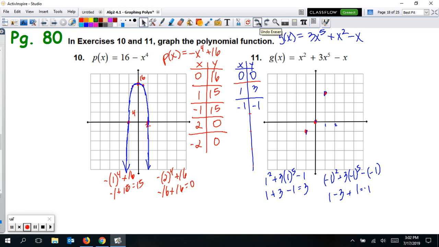Now if I tried 2, you might be thinking, okay, let's try 2 next. Let's just play that out. I'm actually not going to write it down, but let's just try it out real quick. If you put 2 here, that's going to end up being 4. If you put 2 here, 2 to the 5th power is going to be 32. Then 32 times 3 is 96. And if we add 96 to 4, that's 100. So you have 100 so far just right there.